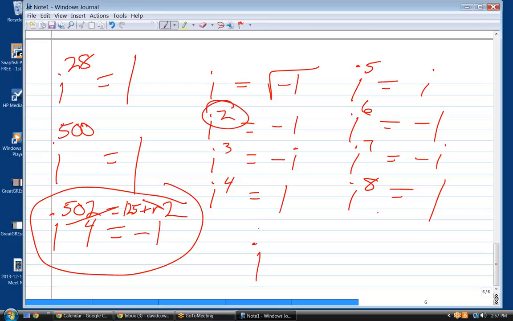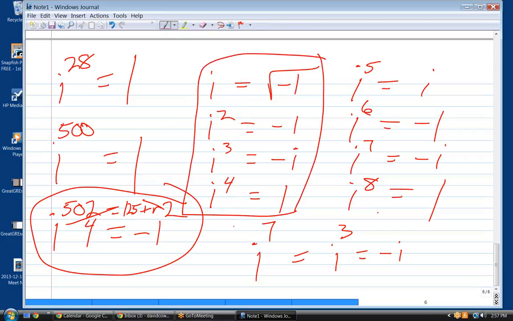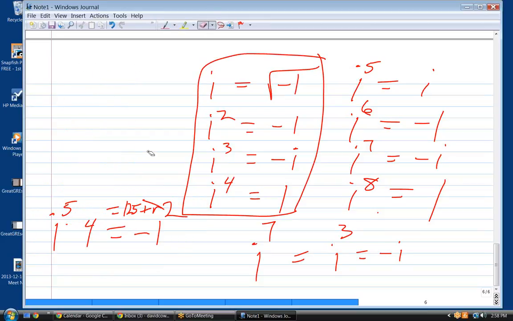For i to the 7th power, I divide that by 4, I get a remainder of 3. That has to be equal to i to the 3rd, which is minus i. So if you know these first 4, you will be able to answer all questions about i to any power.